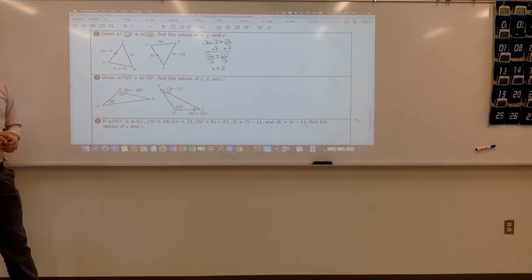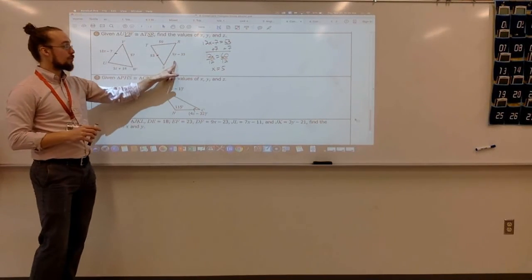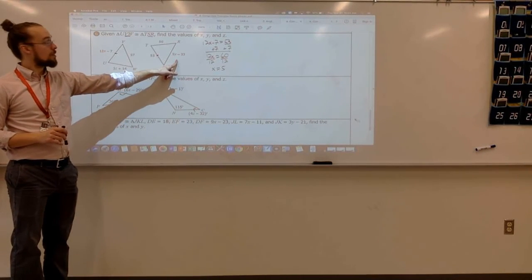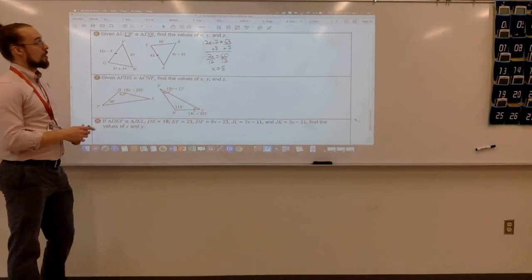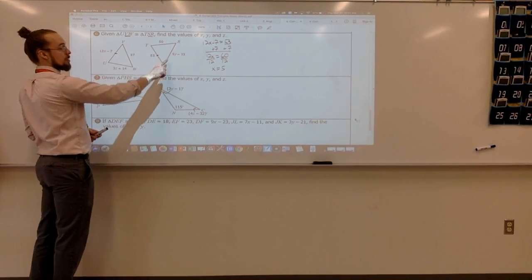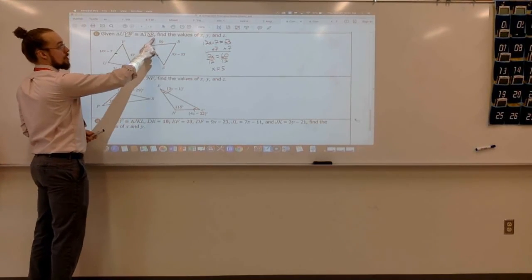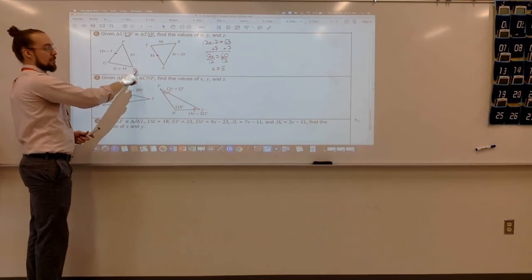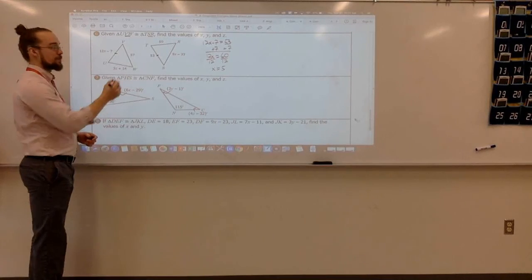Well, if we go to the statement, that's side RS. So RS matches up with WB. So it'll be 57.